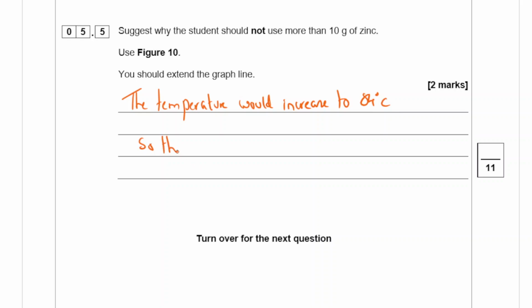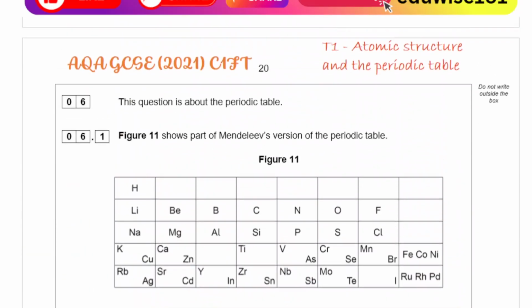So the solution will be too hot. You could say boil, although it's only at 84.